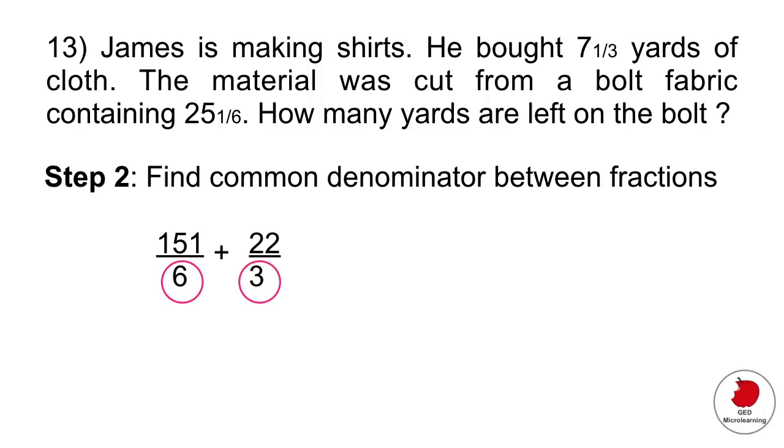The common denominator here would be 6. So what we have to do is take the second fraction, 22 over 3, and multiply it by 2 over 2. That's going to give us 44 on the top, 22 times 2, and in the bottom it's going to give us 6. So now we can go ahead and do step 3.